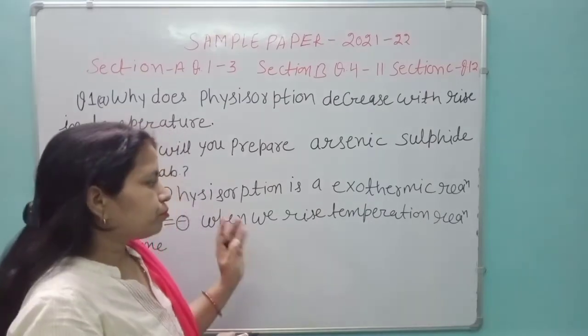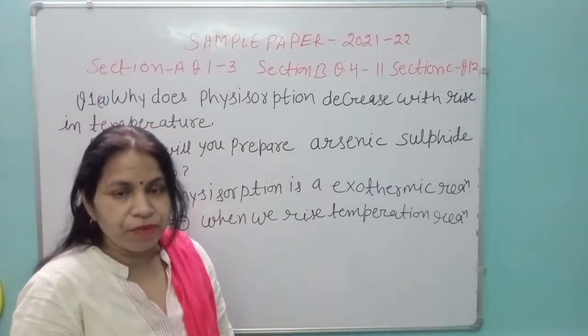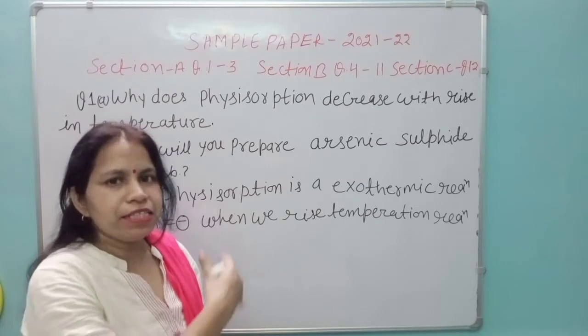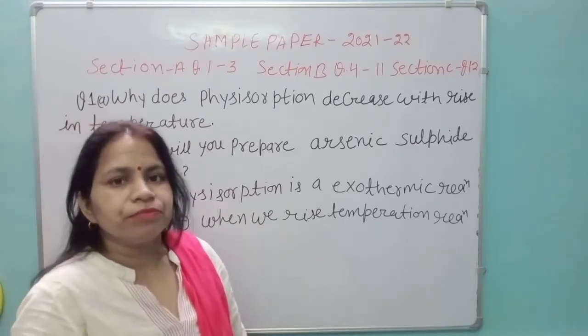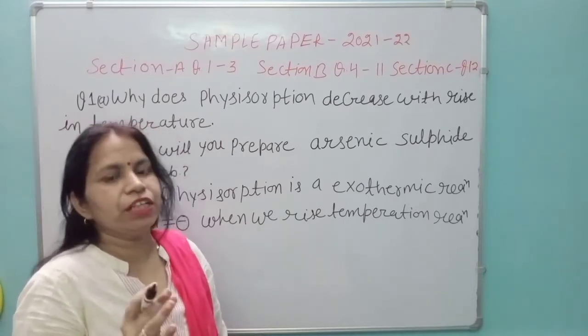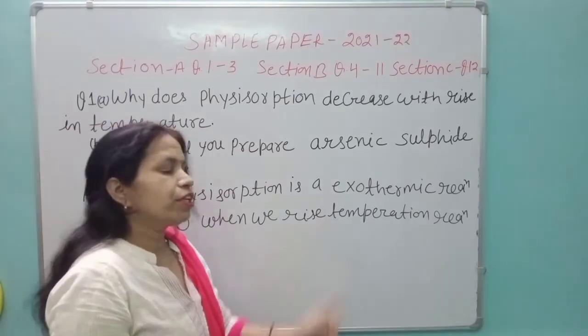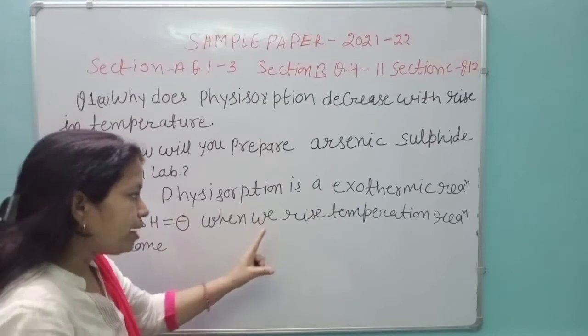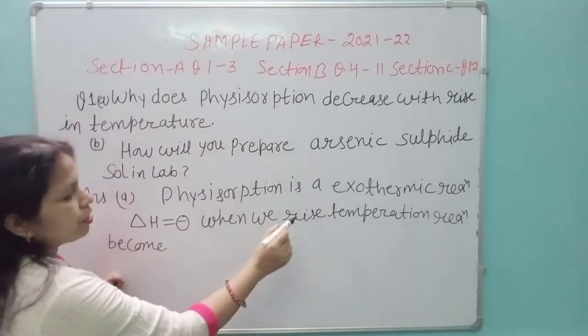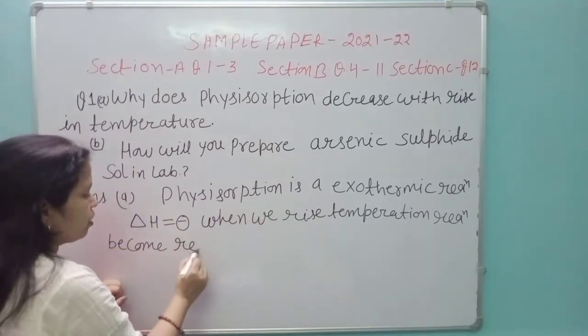According to Le Chatelier's principle, when we change any condition of the system, the equilibrium shifts in the direction that minimizes the disturbance. So according to Le Chatelier's principle, when temperature increases, the reaction becomes reverse.